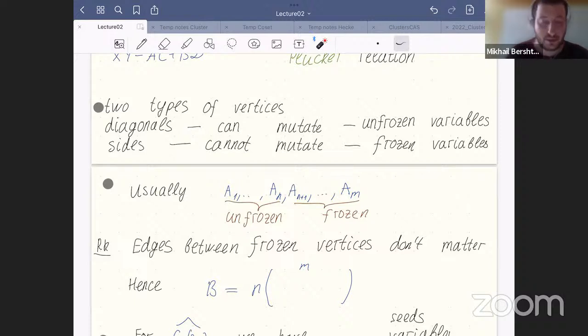When everything is defined in terms of the rectangular matrix, it means that some of the vertices are frozen and edges between them do not matter. This is a technicality, but quite often used.